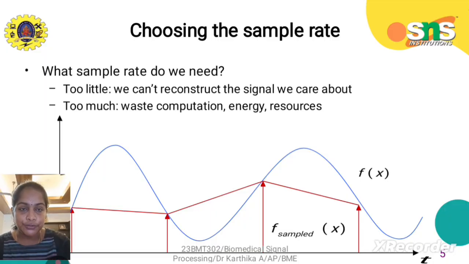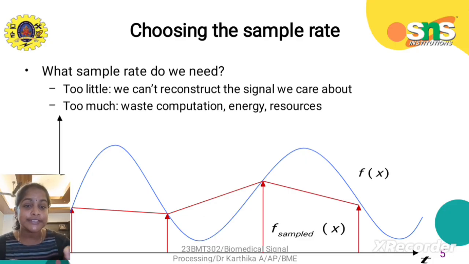This diagram shows sampling rate too little and too much. If it is too little, we can't reconstruct the signal we care about, and too much means wasted computation, energy and resources. Actually, sampling happens when our sampling frequency fs is greater than or equal to 2f max, your input frequency.